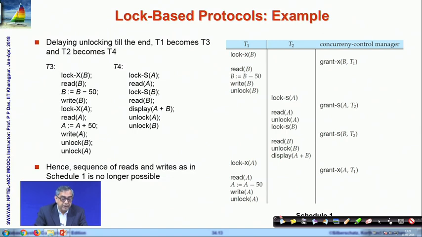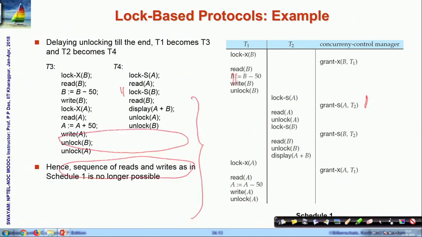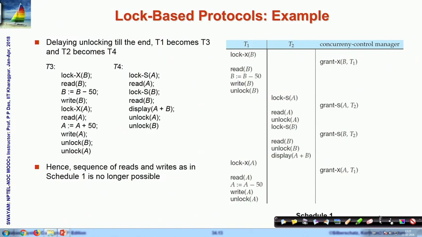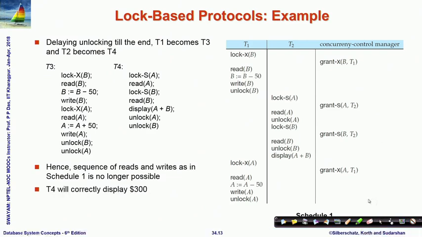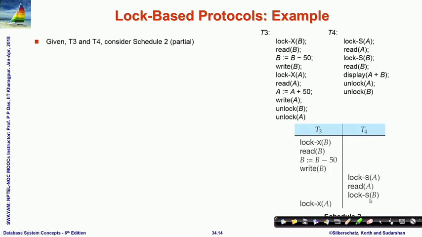Hence, the sequence of reads and writes in schedule 1 is no longer possible. So, whatever way we do the schedule, T4 will always correctly show that the sum is $300.